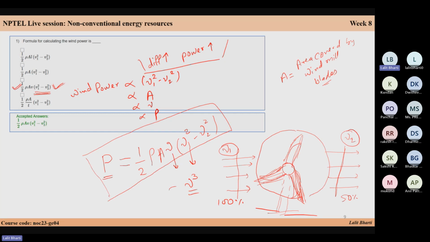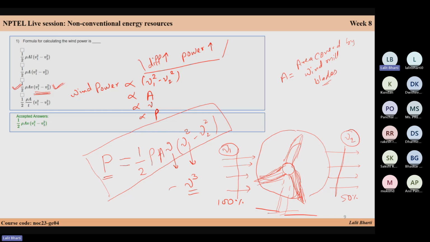Yes sir. Okay. So this question is from the relation of power from a windmill. I'm not deriving the relation. It is derived in the main lectures or in main notes, I guess, but I'm just showing the relation.